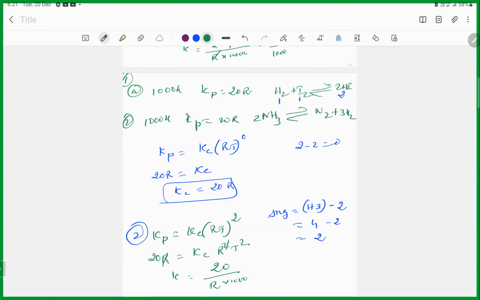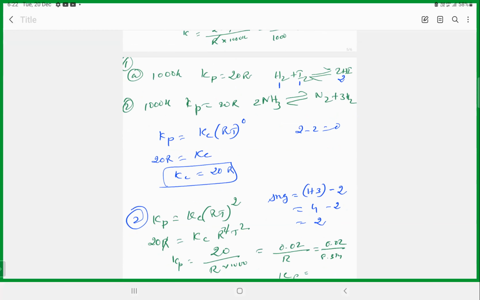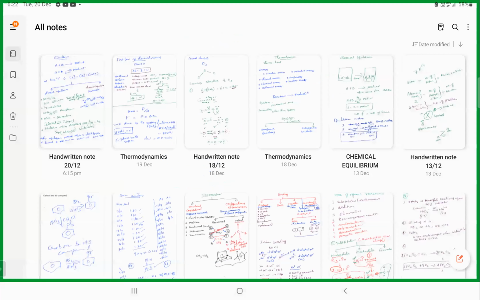So இது என்ன வரும், 0.02 divided by R. So 0.02 divided by 8.31. So when the delta n value changes, the Kp value also changes. புரியுதா? Is it clear? Sir, yes, sir. Okay. So up to today, over. If you have any doubts, let me know now. ஏன் எதுவுமே டவுட்டே கேட்க மாட்டீங்க?